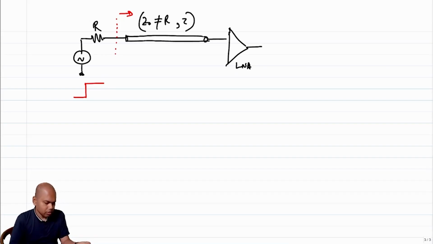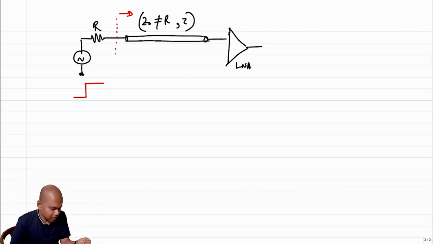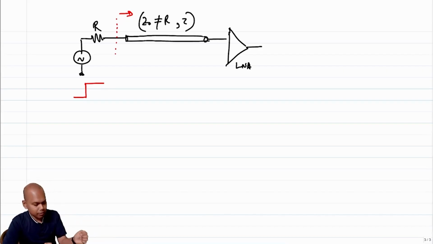Okay, so essentially you are not going to see any reflection, but you are going to see some wavefront that is going forward. So this wavefront is essentially the step that moves forward after time tau.